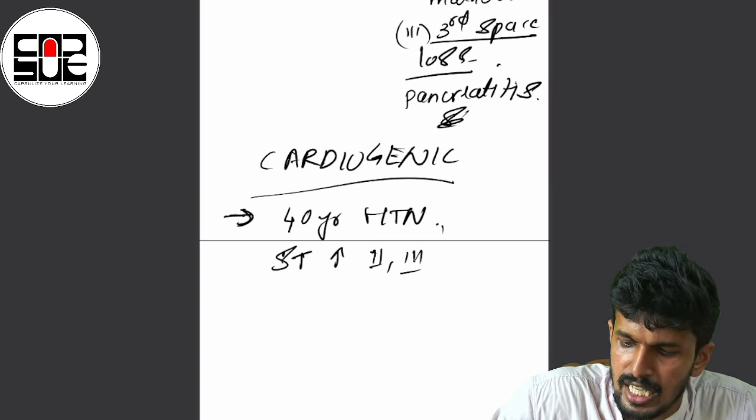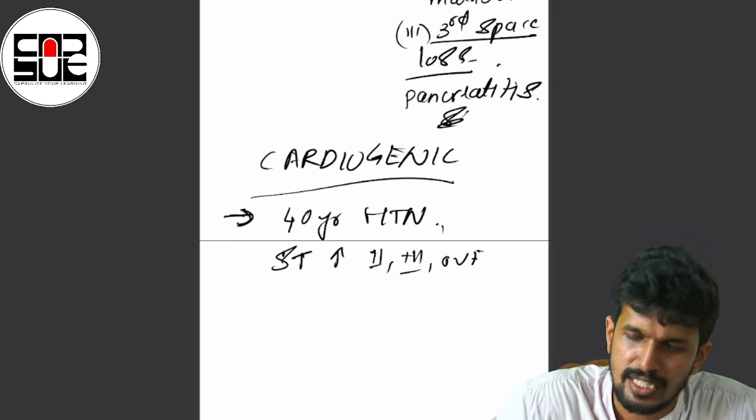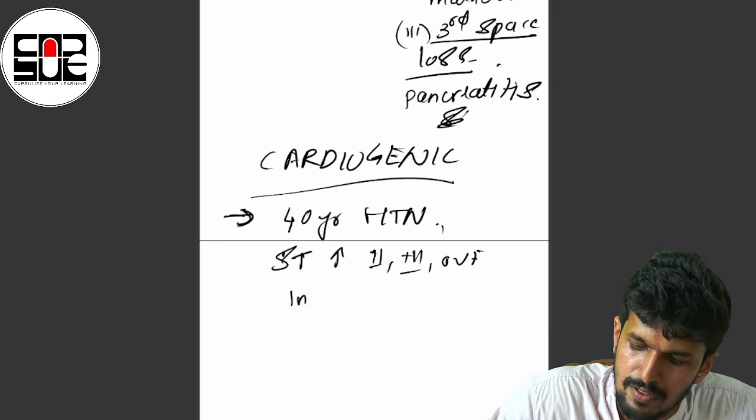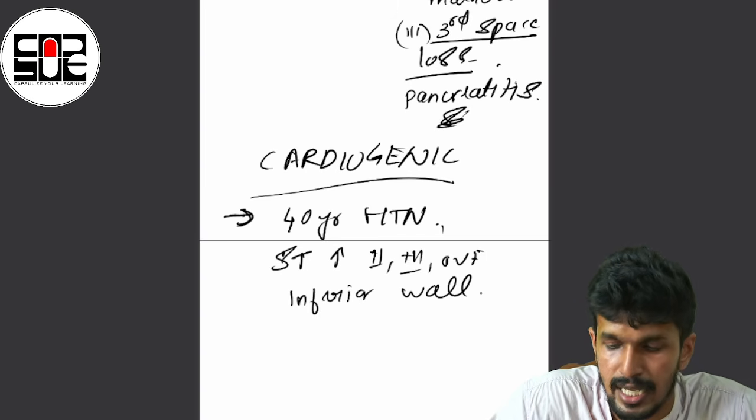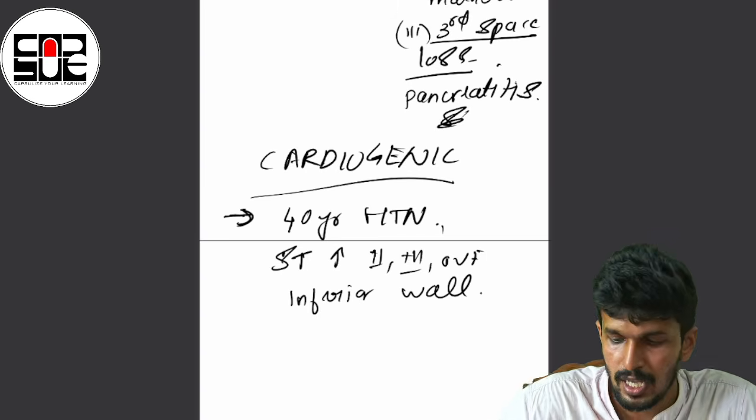Just an example. ST elevation in 2, 3, aVF is suggestive of an inferior wall MI. If such a patient presents with hypotension and tachycardia, that should be dealt with. That's the case of what is happening there.